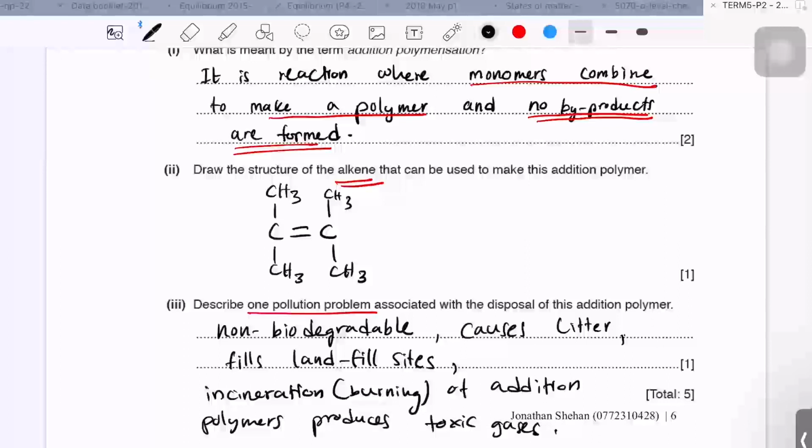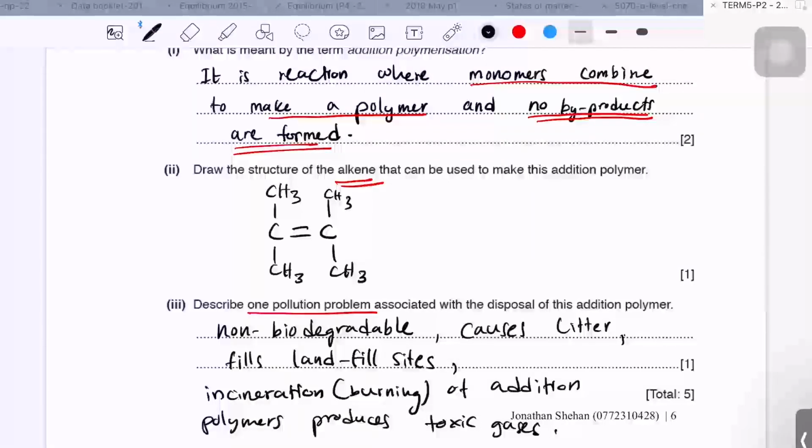So incineration of addition polymers will produce toxic gases. So they actually burn the plastic, but that is not good because it produces toxic gases or pollutant gases. So that's the problem with addition polymers. They are non-biodegradable. Therefore, these are the problems.